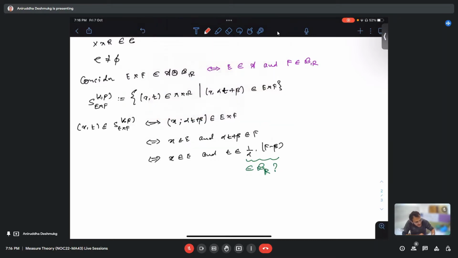One is that inherently I am assuming that alpha is non-zero, right? Otherwise, I cannot divide by alpha. Plus, what I am using is that the Borel sigma algebra is translation and scaling invariant.